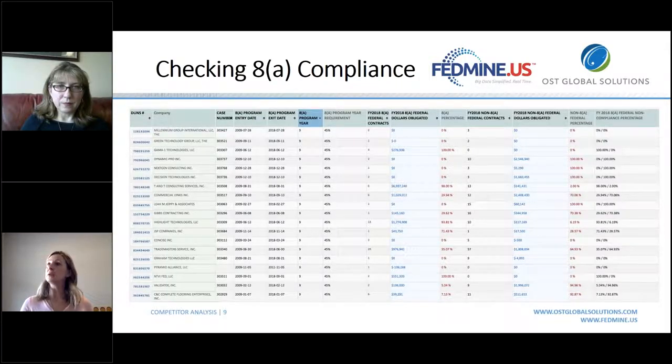So these ones that have 0% is kind of interesting. So they're exiting the program a little bit early, I guess. And then you still see some that are at 98% when they should be at 45%. This one here is compliant, the Commercial Liners Inc. or Commercial Links Inc. So it's just a very interesting table here that you can run using data to see the companies that are compliant versus non-compliant.